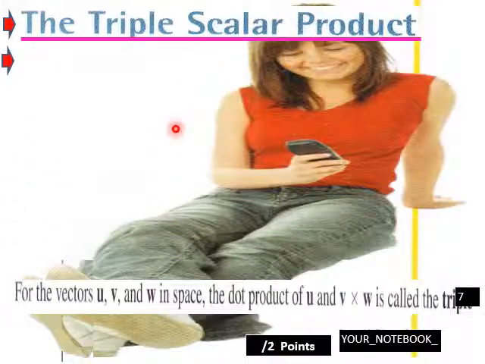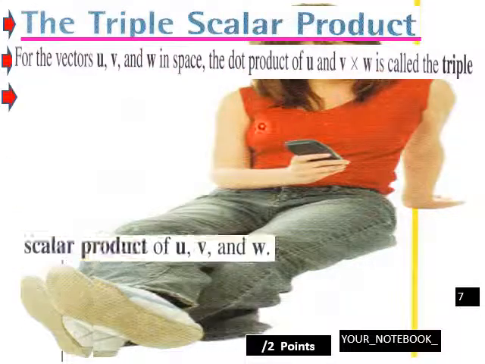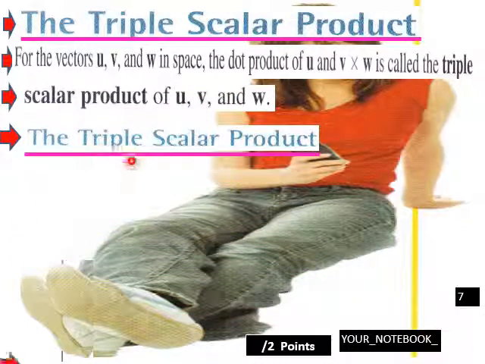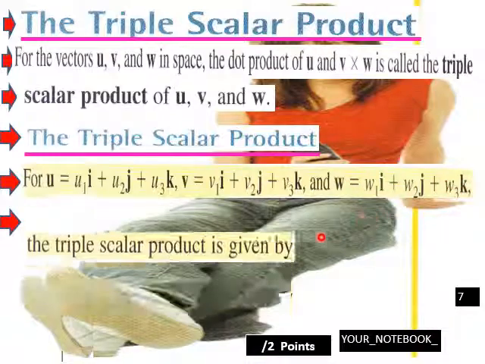The triple scalar product for the vectors u, v, and w in space, the dot product of u and v times w is called the triple scalar product of u, v, and w. So for u, we come up with this here, this whole array of different factors, u1i plus u2j plus u3k, then v equals v1i plus v2j plus v3k, and then w equals w1i plus w2j plus w3k.